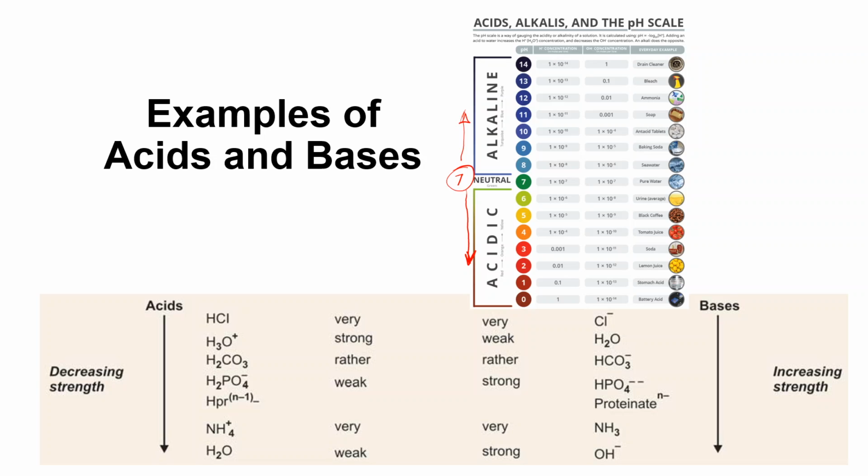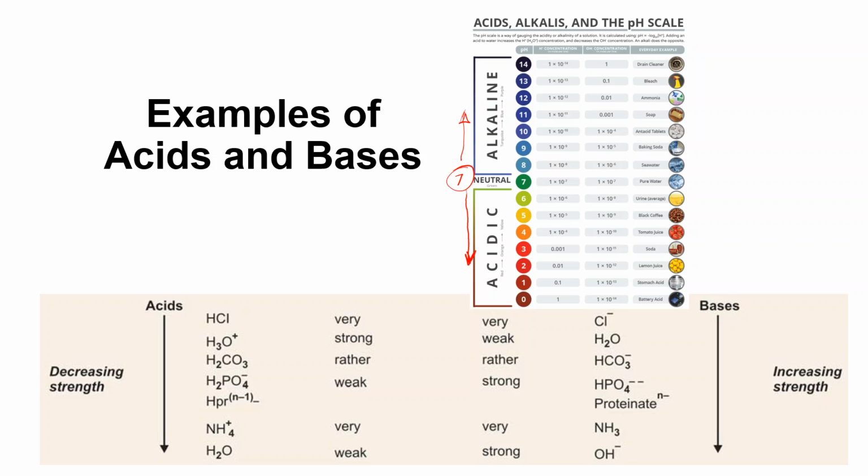In the acidic range, as we go down 6, 5, 4, 3, 2, 1, the acid becomes stronger and stronger. In the case of a base, as we go up 8, 9, 10, 11, 12, 13, 14, the base becomes stronger and stronger.